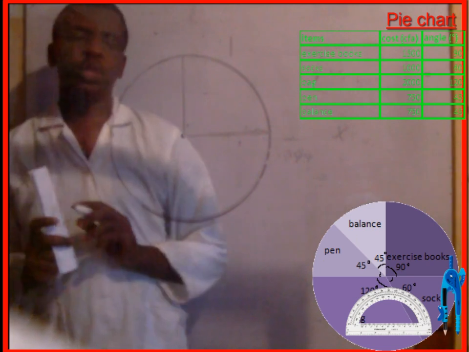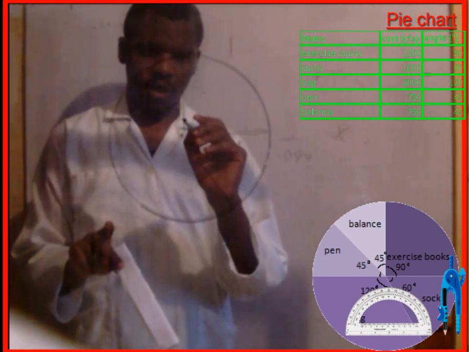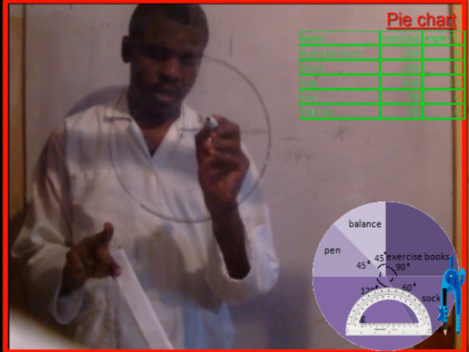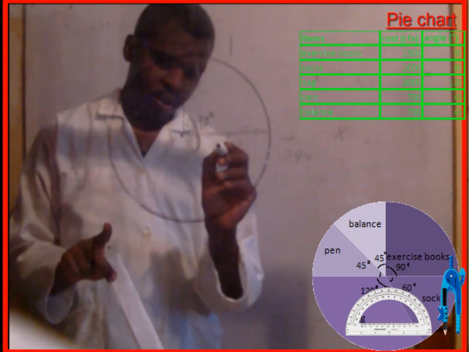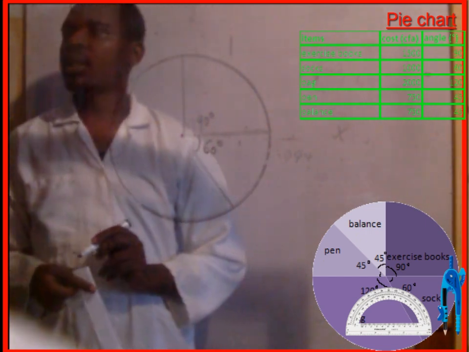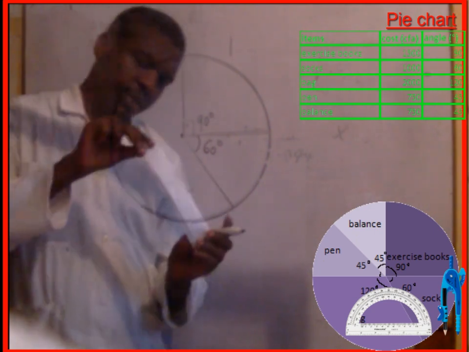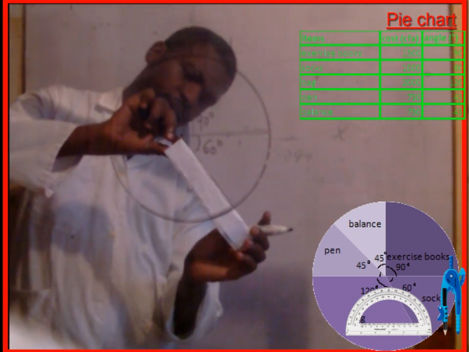The next sector measures 60 degrees from this line. So this is 60. This is 90 degrees, and this is 60 degrees from this line. I go to the next one, which measures 120 degrees from this line.